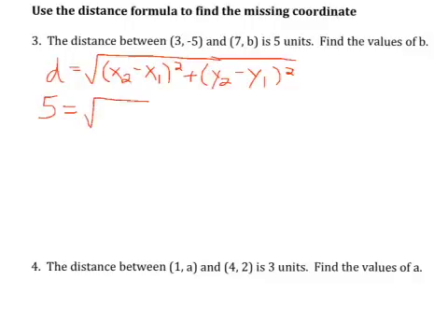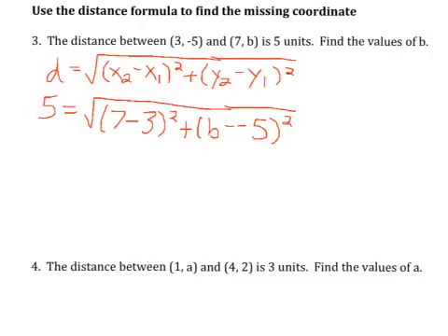I know that my x2 is 7, and my x1 is 3. I don't know my y2. That is b, so I'm going to plug b in for y2. And I know my y1 is -5, so minus a -5.